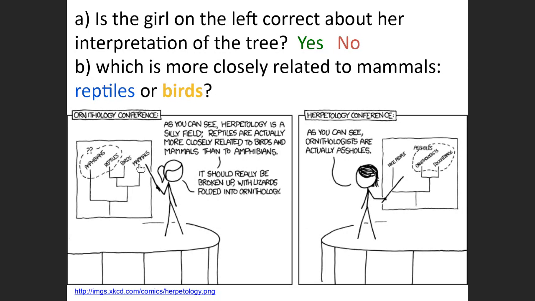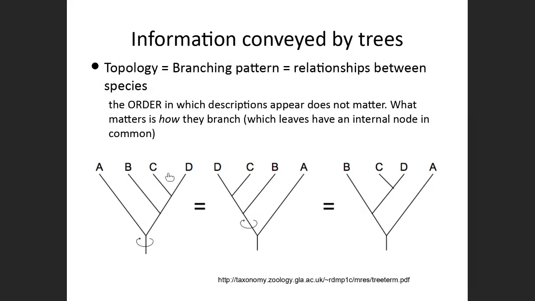So if we had swapped birds and reptiles here, then you say that the tree still has the same topology. So the topology is the relationships between these entities. I told you, compare it to a mobile, that thing that hangs above the baby's head. So, okay, this is the mobile, upside down, but what you're looking at is the branching pattern, right?